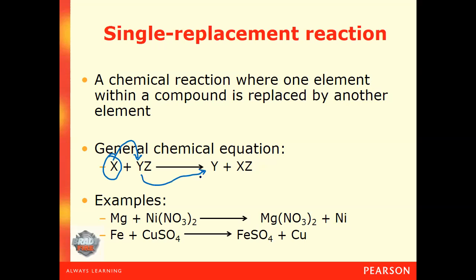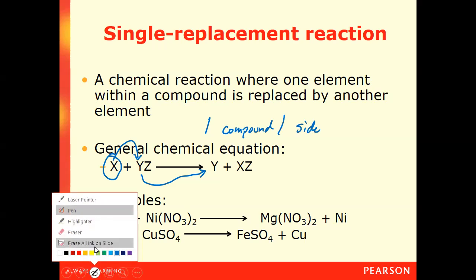And now we've got element Y by itself and a new compound of X and Z. What makes this single replacement is that we only have one compound on each side of the reaction.